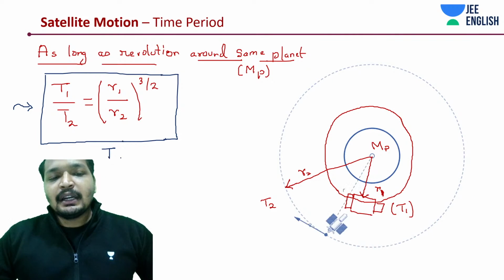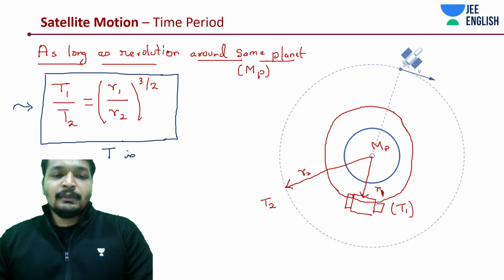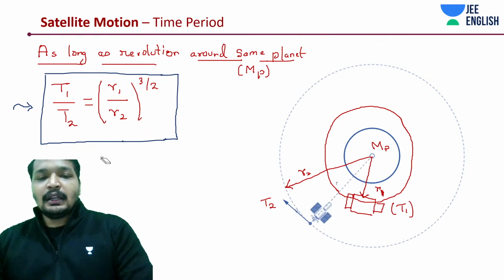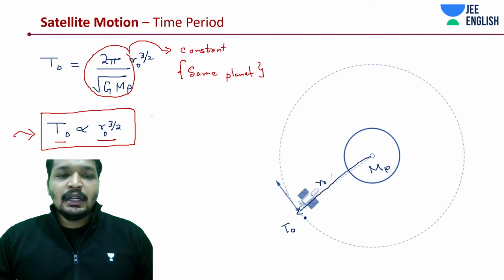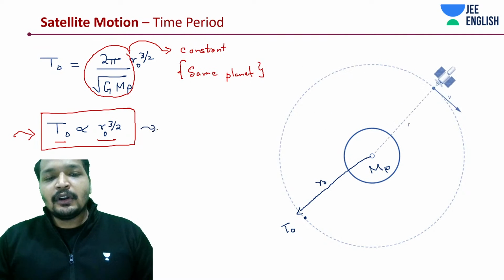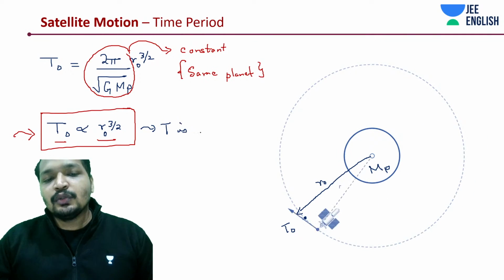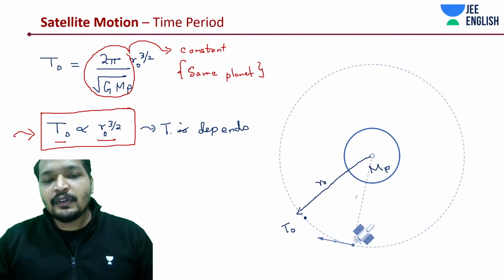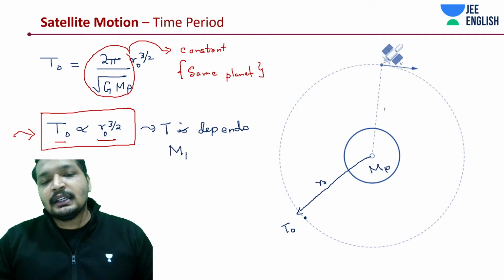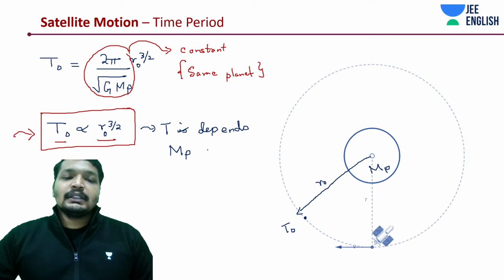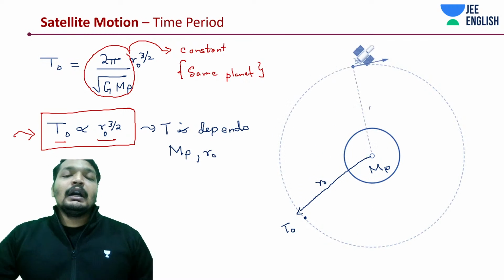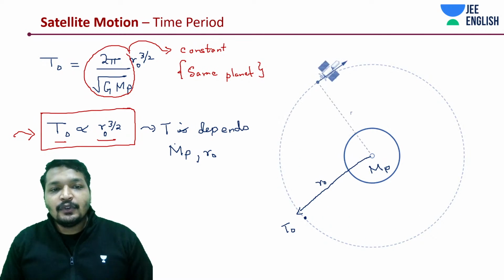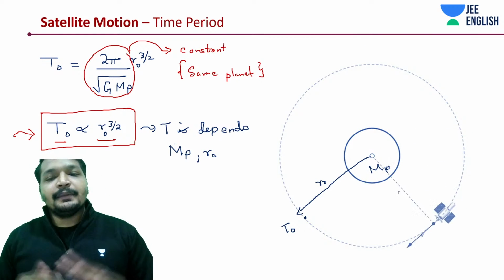Time period is dependent upon the mass of the planet and your radius. So more the mass, it's going to be faster rotation, so lesser time period.